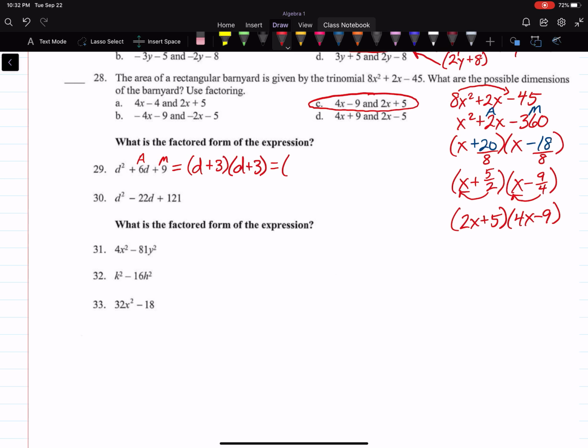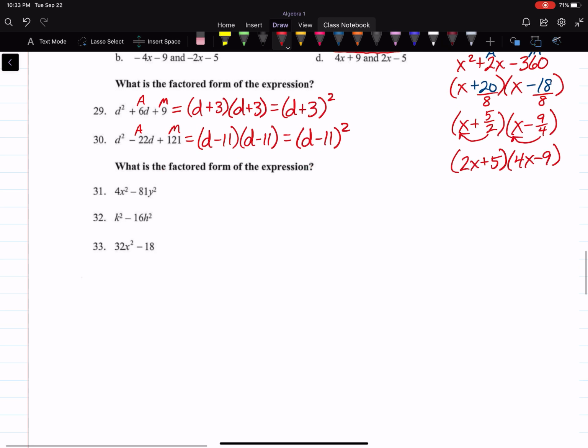They want you to simplify it a little more. That's d plus 3 squared. That's all they're wanting you to do there. So here, two numbers that multiply to be positive 121 and add up to negative 22. That's d minus 11 and d minus 11, which is d minus 11 squared.